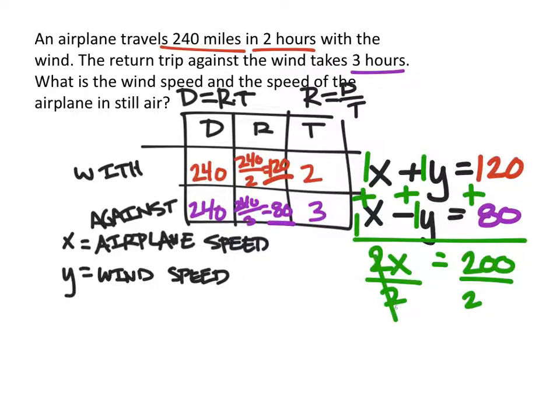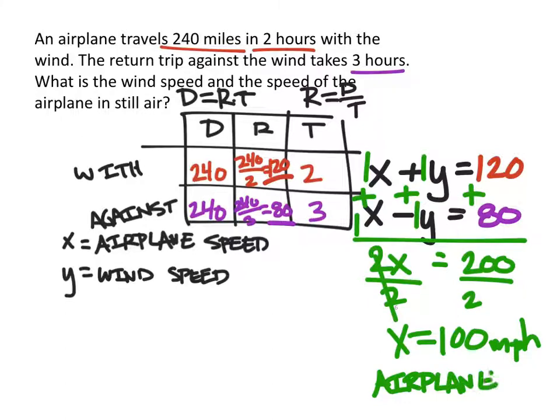So 200 divided by 2, that's x equals 100. And again, x is the airplane speed, so that's 100 miles per hour. That's my airplane speed.